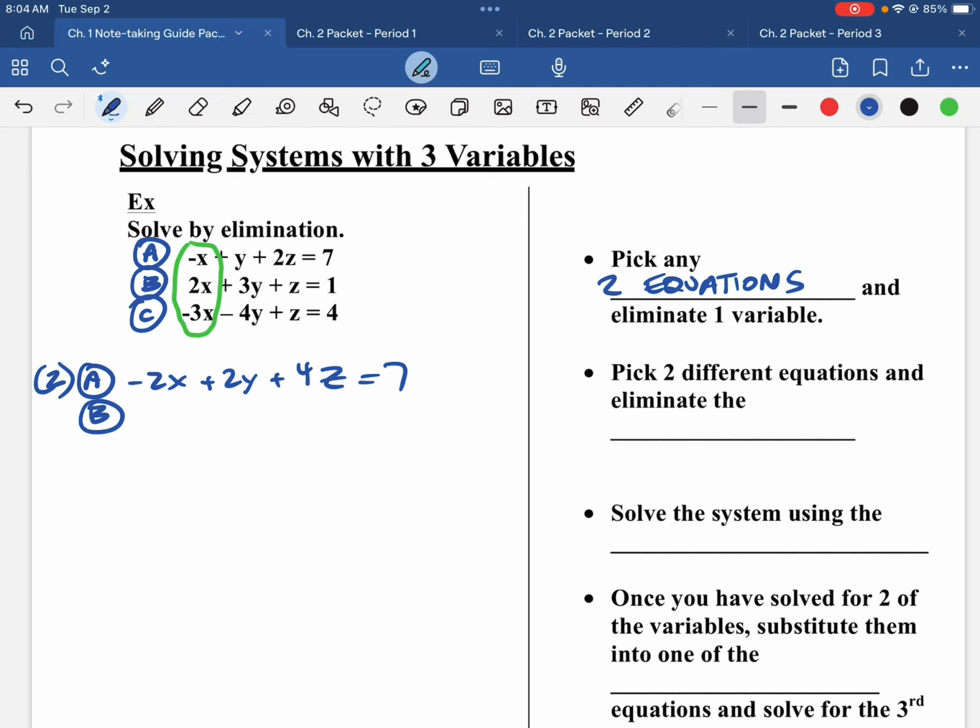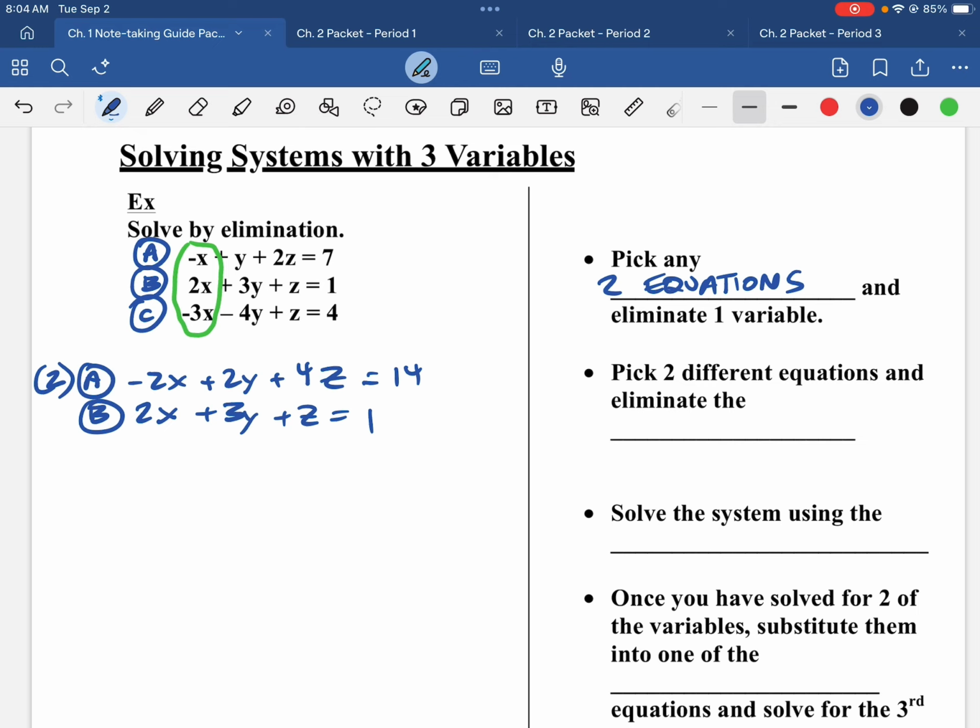Okay, and equation B, I'm just copying it as it is. Okay, oh, and in the first equation, I forgot to double the 7 there. This should have been 14, because I was talking and writing at the same time. Oops. Well, that's what I'll blame it on anyway.